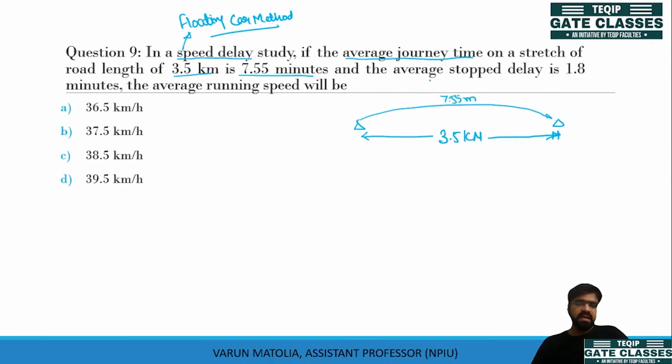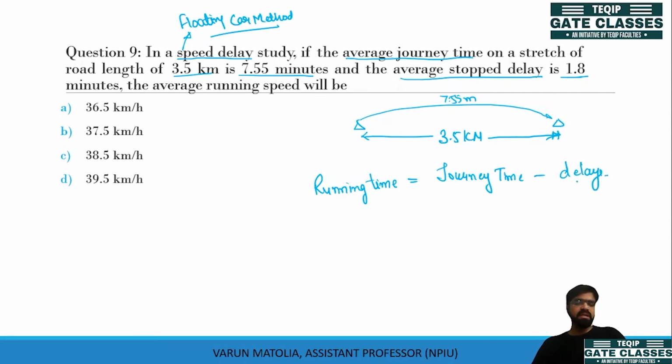It is said that the average stopping delay is 1.8 minutes. So we can say that running time is equal to journey time minus your stopping delays. You can calculate the running time.